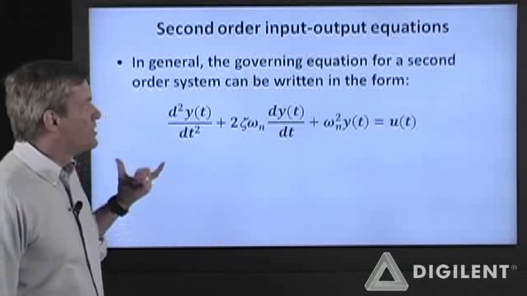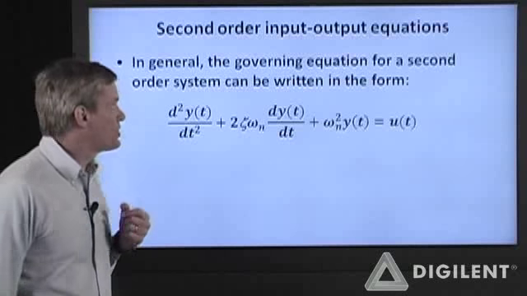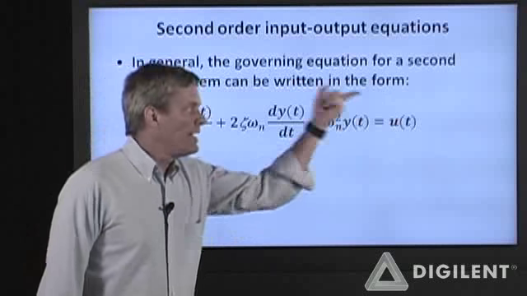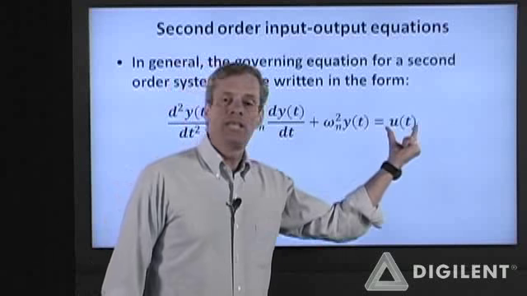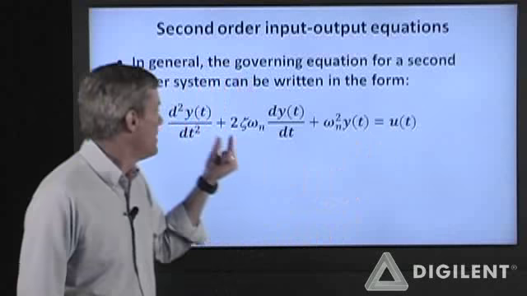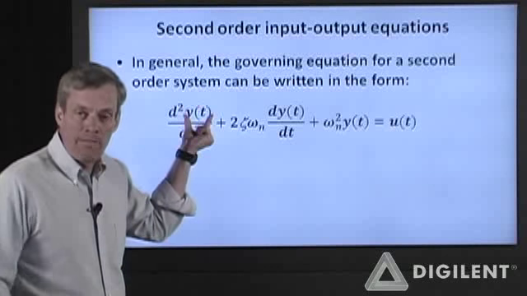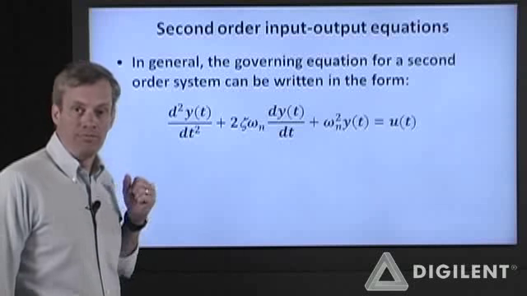So what I want to do is write a general second-order input-output differential equation. The way I'm going to write it is in this form. My output is y of t, my input is u of t. This is some function that is applied to the circuit or the system. This is the signal that I'm interested in determining. I have a 1 in front of the highest order derivative.